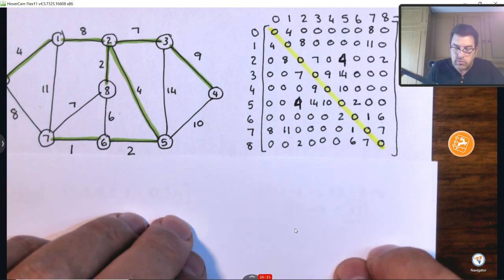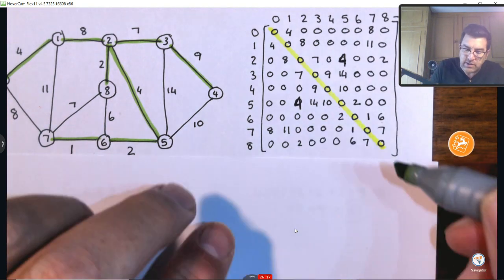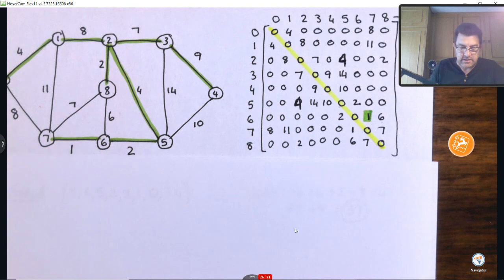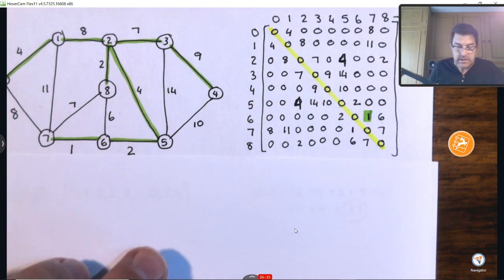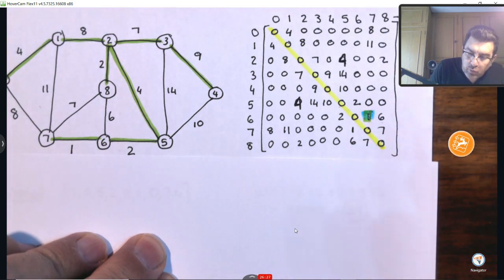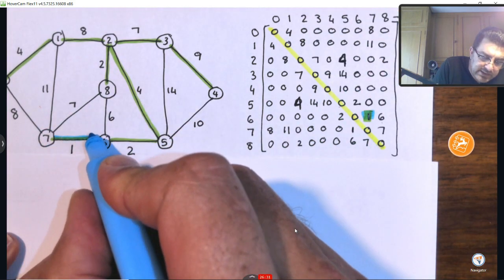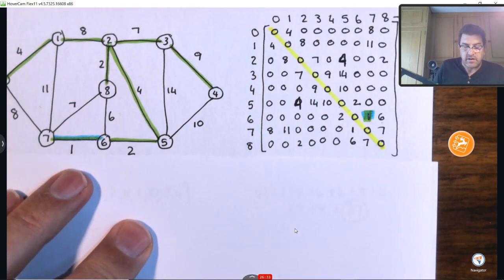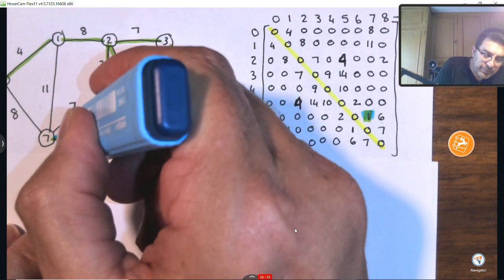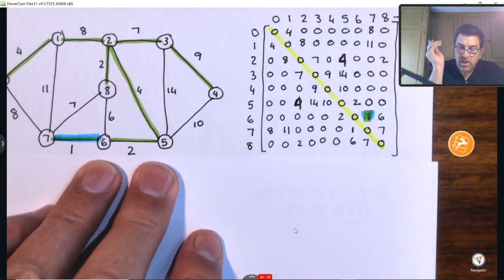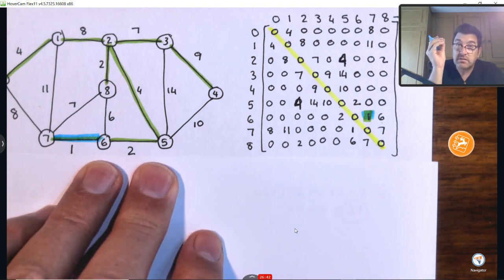Okay, the lowest edge is the 1 down here. 1 connects, let me use another color because we've already used green on there. So let me use the blue. 1 connects 6 and 7. So 6 and 7 is definitely part of our minimum spanning tree. Okay, remember we are avoiding circuits.